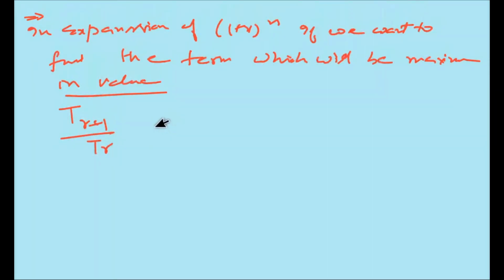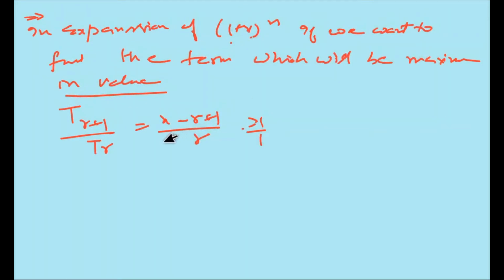When we find this, we get the ratio (n - r + 1)/r times x/1. Here x is the second term and 1 is the first term.